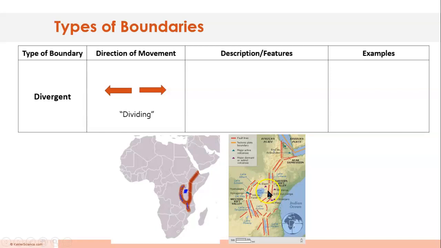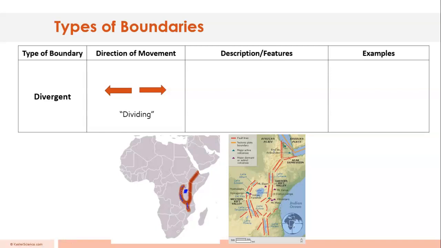In the middle of all of this pulling apart, we have Lake Victoria as well. So scientists believe that eventually this part of Africa over on the eastern side is going to pull apart from the rest of Africa. We can see where that's located on the continent of Africa here in this area.